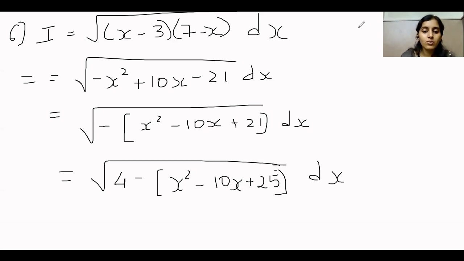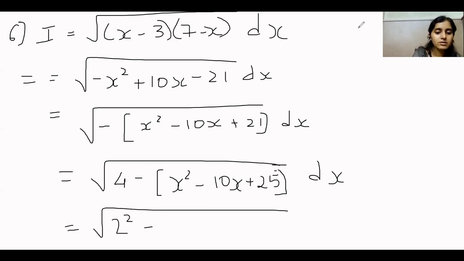Now this will be written as under root of 2 square minus, this is x minus 5 the whole square dx. So this is basically a square minus x square. And now we'll use the formula for a square minus x square. Again I will write the formula for you.